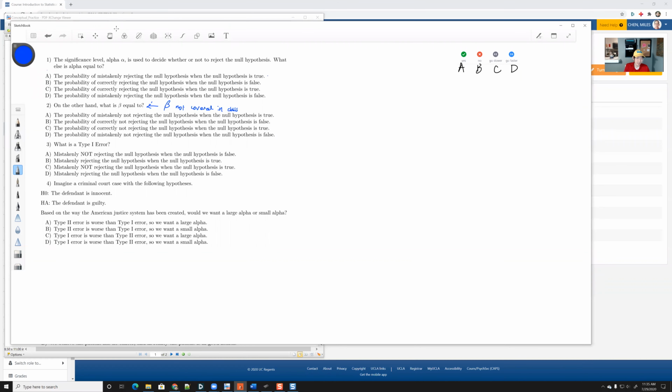So alpha is equal to the probability of type 1 error. And as you guys have correctly answered, type 1 error is the false positive, which is mistakenly rejecting the null when the null is true.